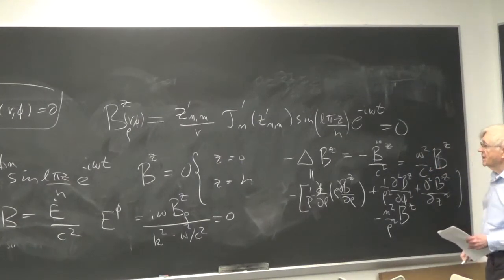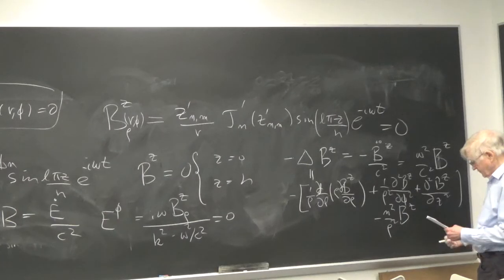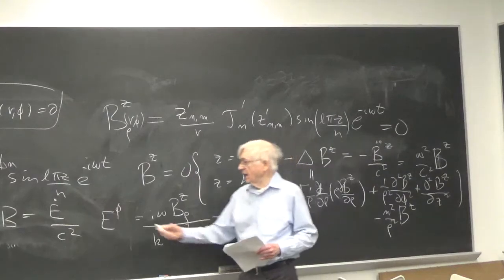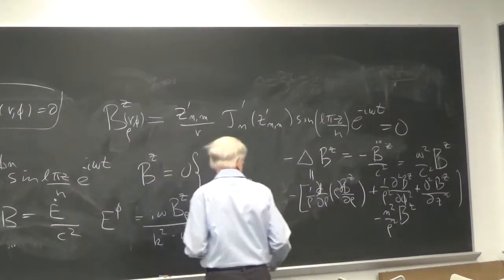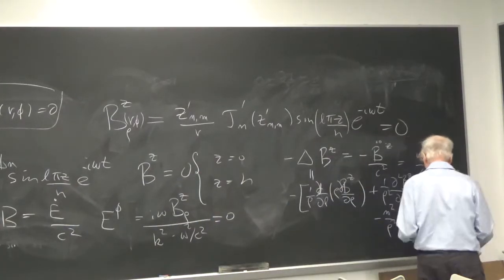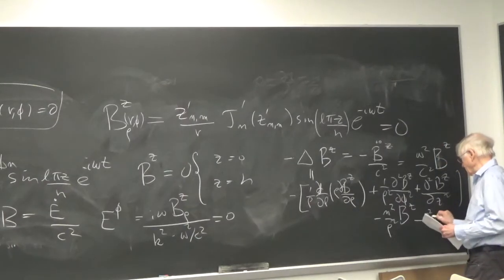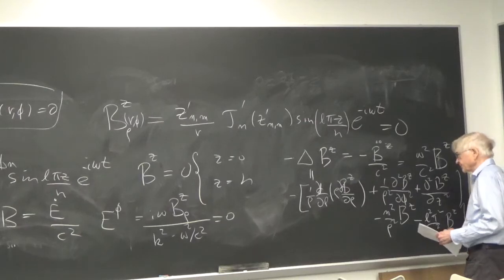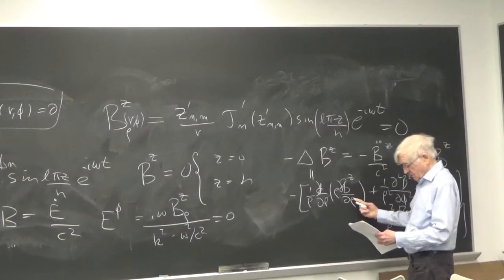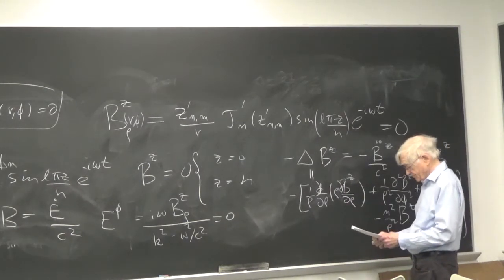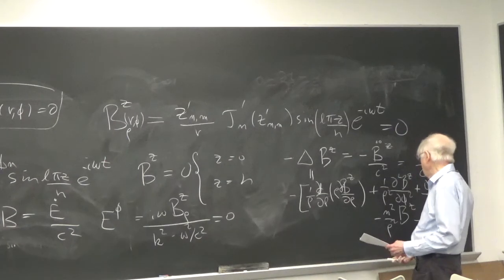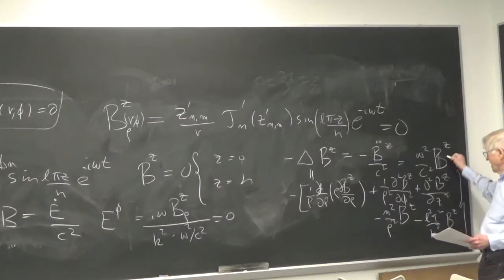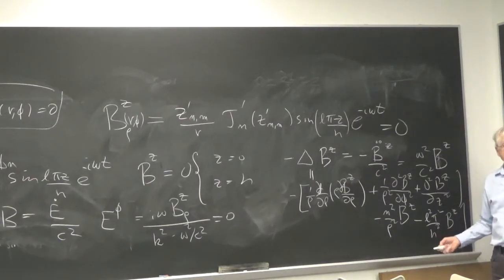And the Z component, well, that pulls out an L pi over H squared together with a minus sign. So that's minus L squared pi squared over H squared BZ. And this term we can't do anything about. But the fact that this plus this is equal to that, that's basically Bessel's equation.